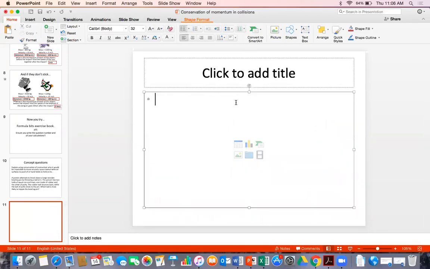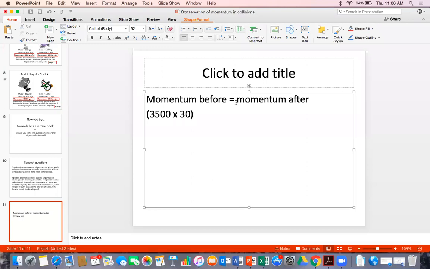So, momentum before collision equals momentum after. Momentum before is 3,500 times 30, which is the elephant, plus 120 times negative 15, this is for the penguin.